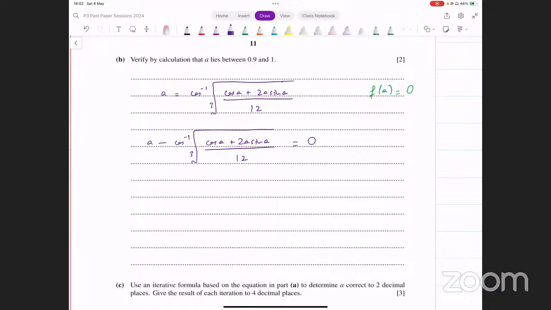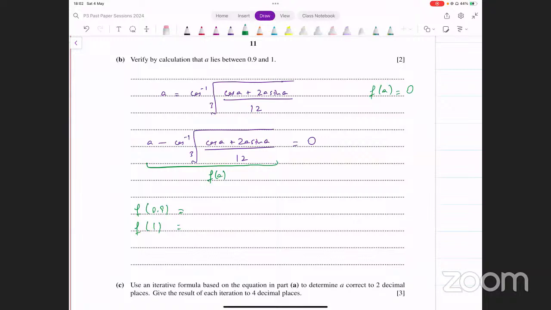On the other side, you have 0. And now you say this is f of a in this case. Put 0.9 inside this and put 1 inside this and see what you get at 0.9 and what you get at 1.